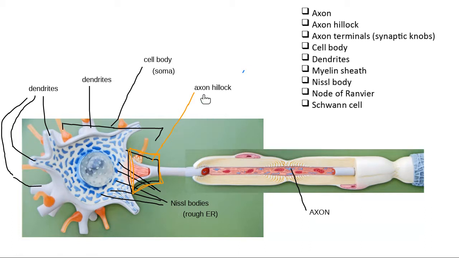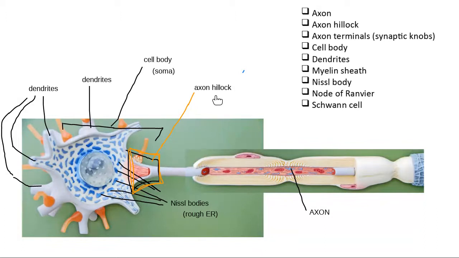This is the place where a neuron takes all of the messages that it heard and mixes them together. I like to think of the axon hillock like a blender. We drop everything in the blender, we mix it all up, and we decide what message to send down the axon. So the place where the axon attaches to the cell body is called the axon hillock.